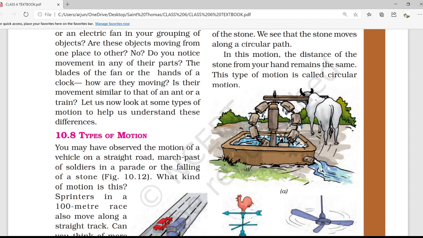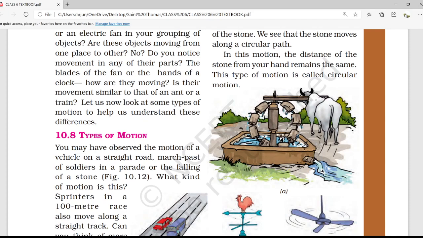We know the concept of the radius, right? Let's assume the hand is our center point, and the length of the string is our radius. If we whirl the stone, the radius will remain the same along the path.